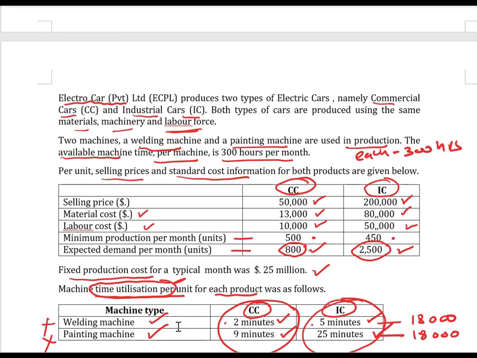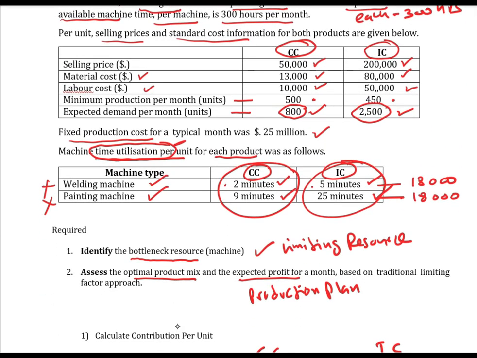Identify the expected demand: 800 for CC and 2,500 for IC. Multiply the expected demand by the required machine hours to get the number of machine hours required. If that calculated machine hour requirement is greater than the available machine hours, then there will be a bottleneck.